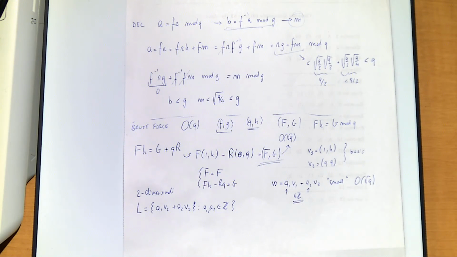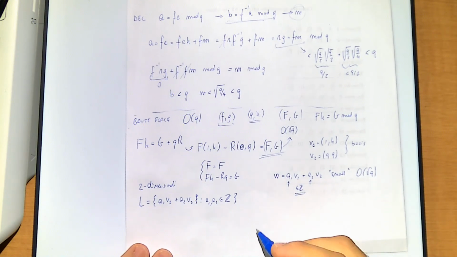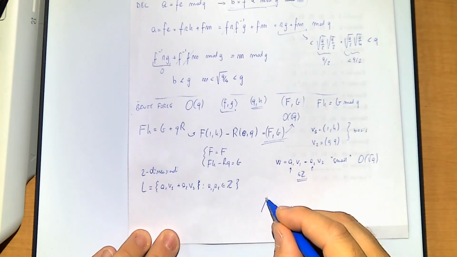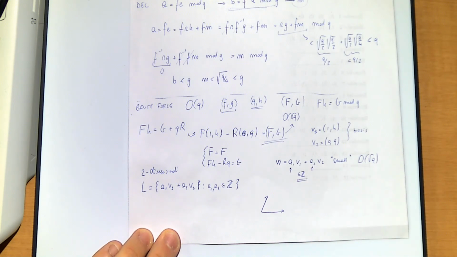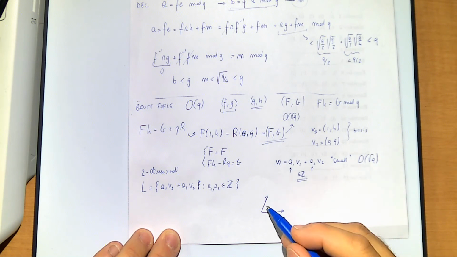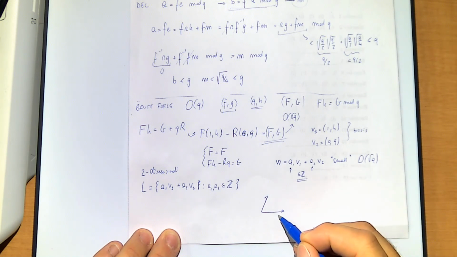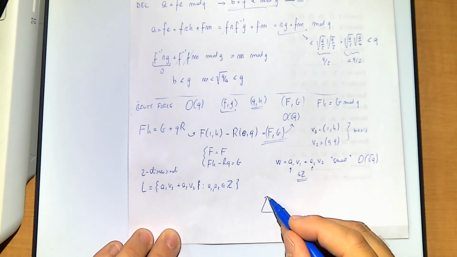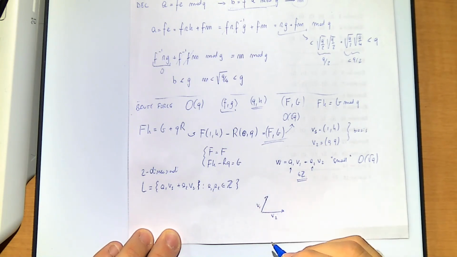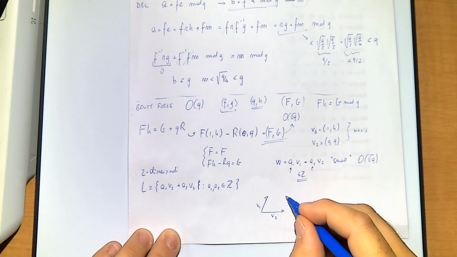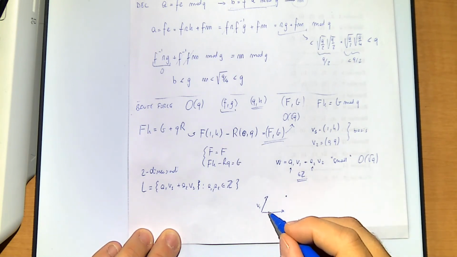And then we'll obviously see more of this. Why is it called a lattice? Suppose that this is one vector and this is the other vector, like a basis. What is the lattice then? It's integer combinations. For example, you take 1 times this plus 0 times that, it gives you this one. This is v1, this is v2. But if you take v1 plus v2, it's this vector here.